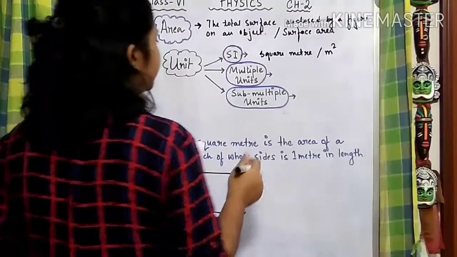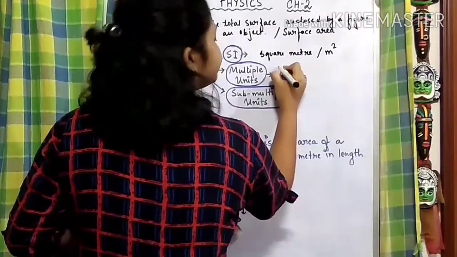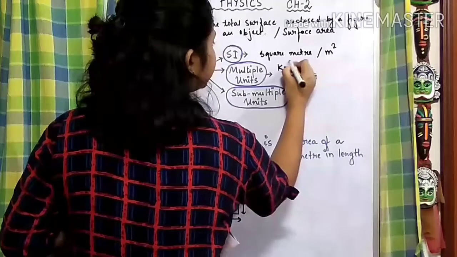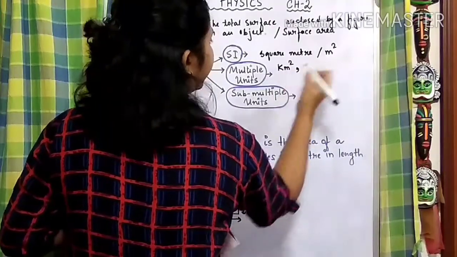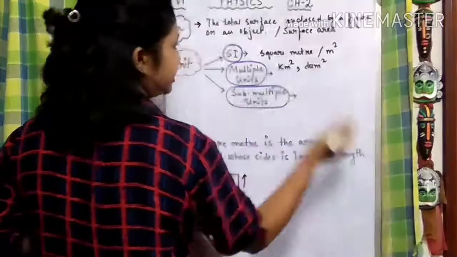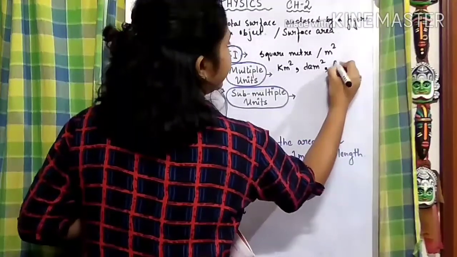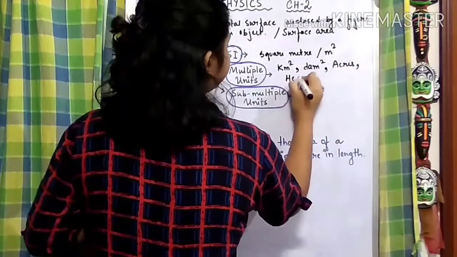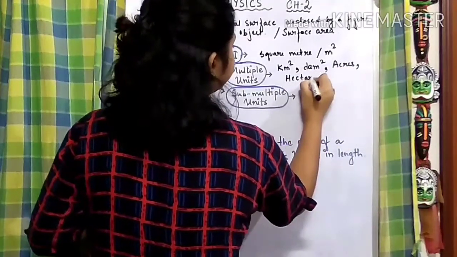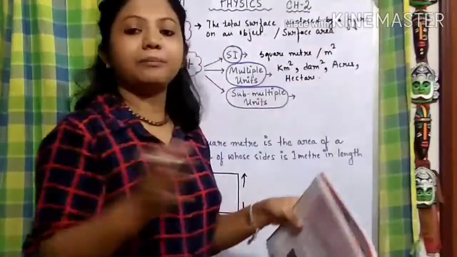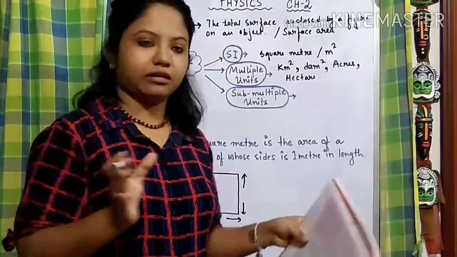So what are the multiple units? They are kilometer square, km square, decameter square, acres, hectare. So these are the multiple units when we are measuring bigger areas.